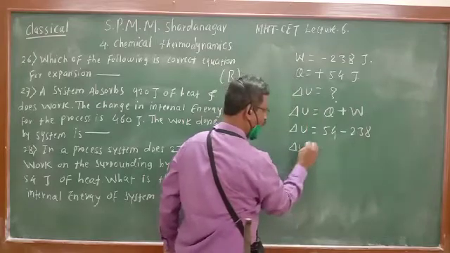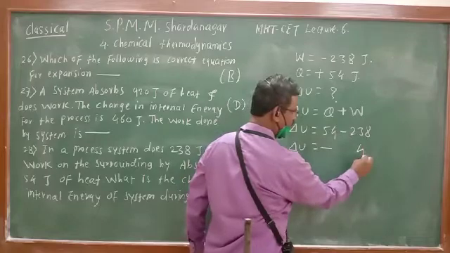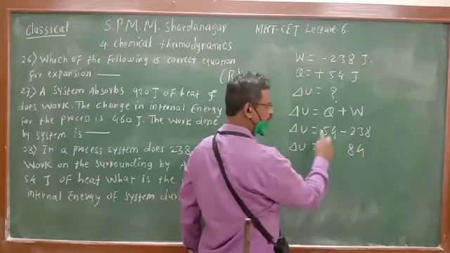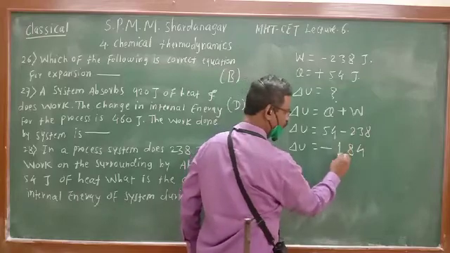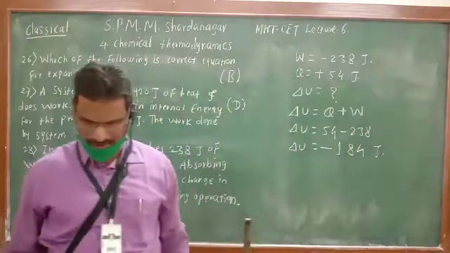So delta U will be equal to minus 184 joule.